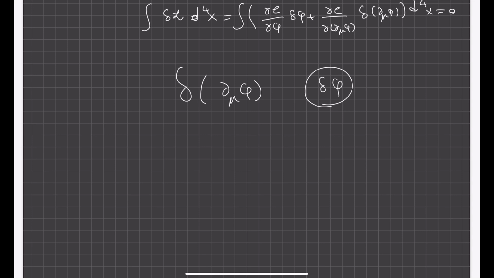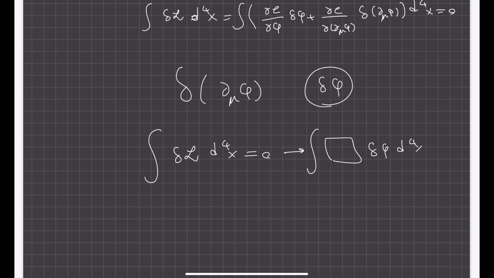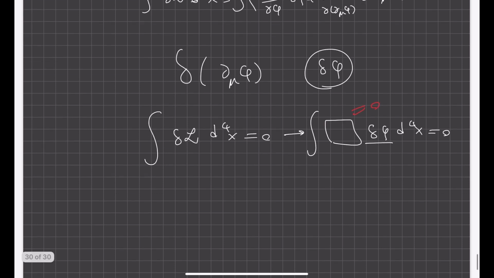Because we are talking about any variation with respect to this field. Imagine this integral d4x is going to be equal to 0. That means you have something times delta phi d4x equal to 0. Because I had any arbitrary variation of the field, then this should be equal to 0. So this is what we want.